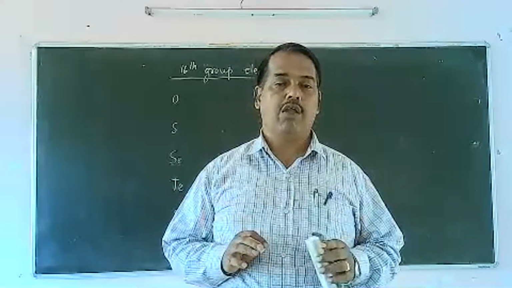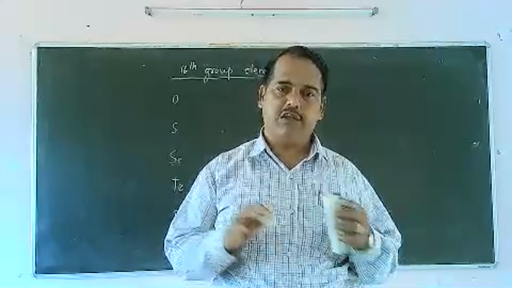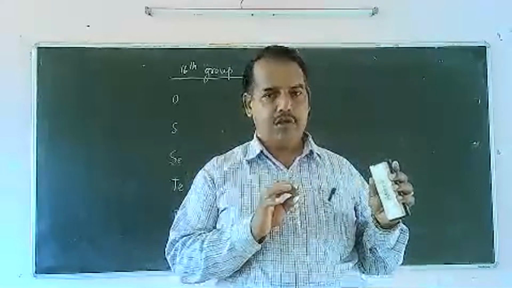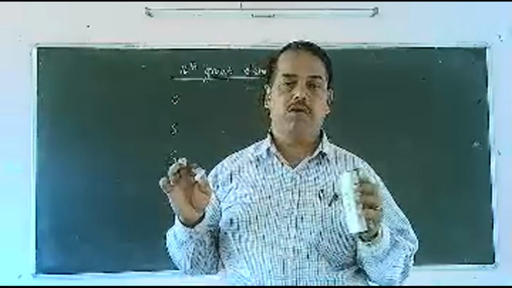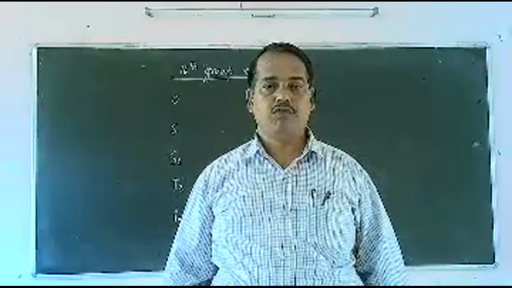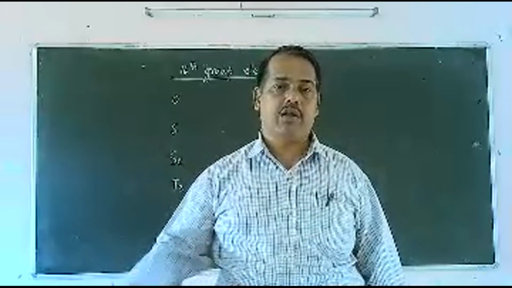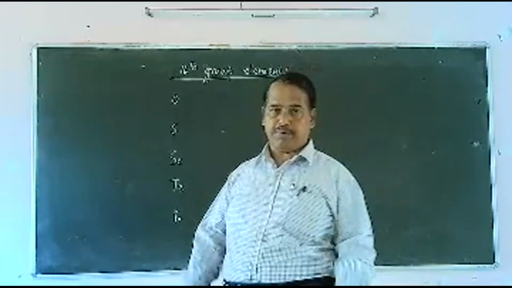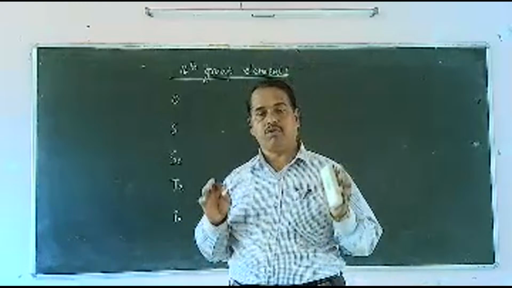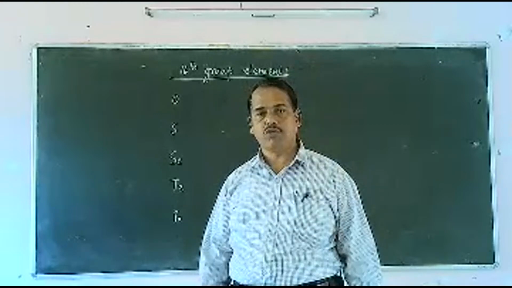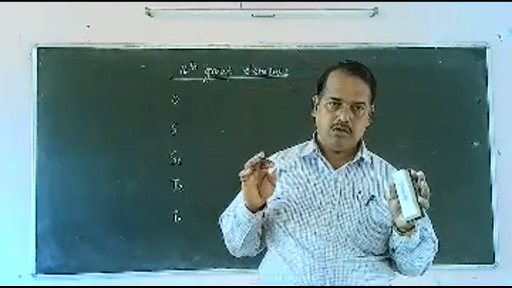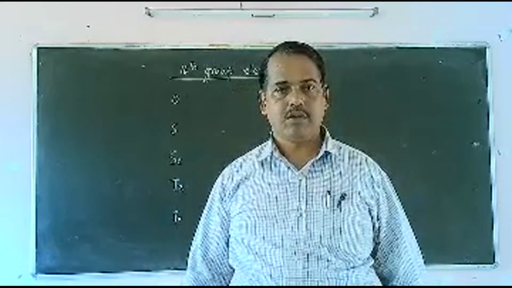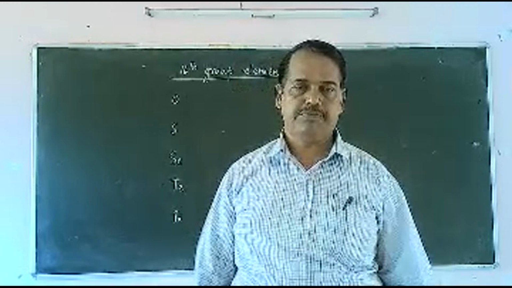Oxygen is highly soluble in water. 100 cm cube of water contains nearly 3.1 cm cube of oxygen, which is sufficient for aquatic life, fish and other aquatic life. Just 3% oxygen is sufficient for respiration. So that is the occurrence of oxygen in our atmosphere, in our universe, in our earth crust.